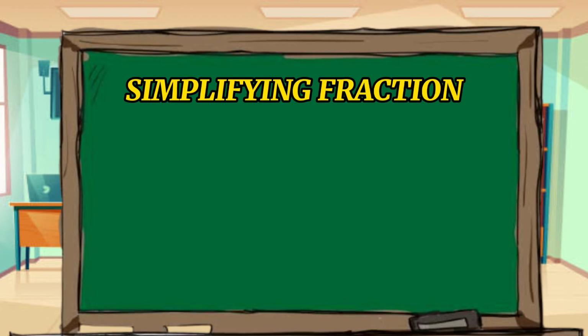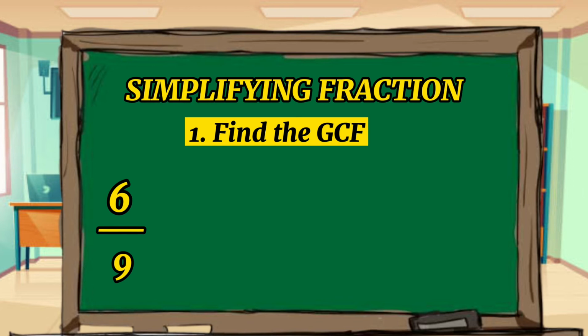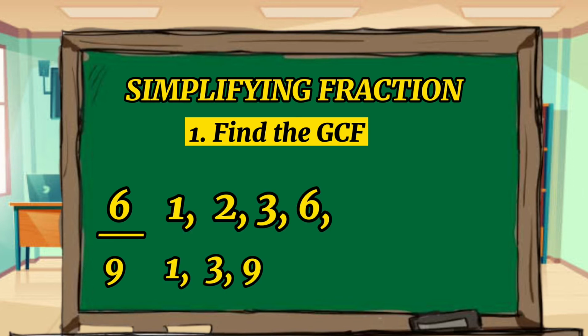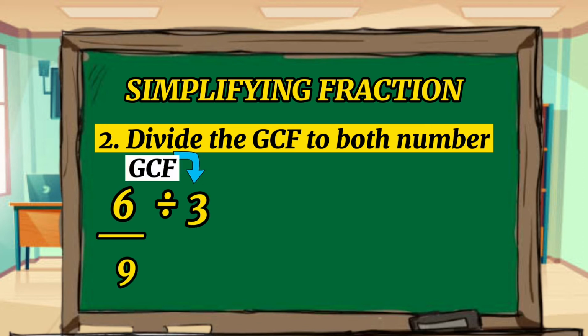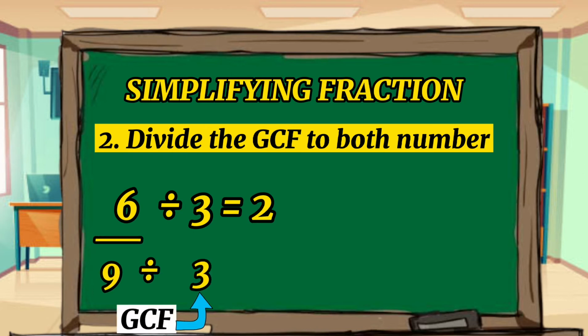Let's simplify 6 over 9. Look for the GCF of 6 and 9. The GCF of 6 and 9 is 3. Let's divide both numbers by the GCF. 6 divided by 3 equals 2. 9 divided by 3 is 3.